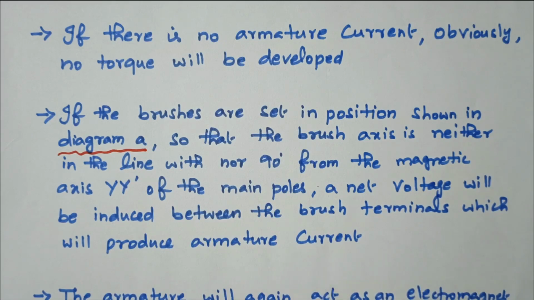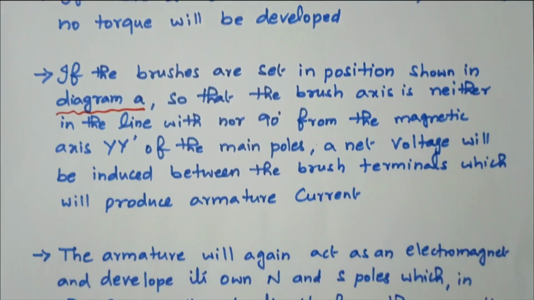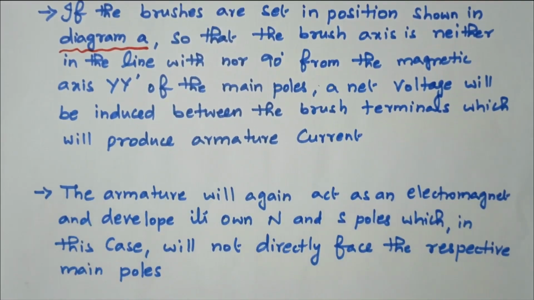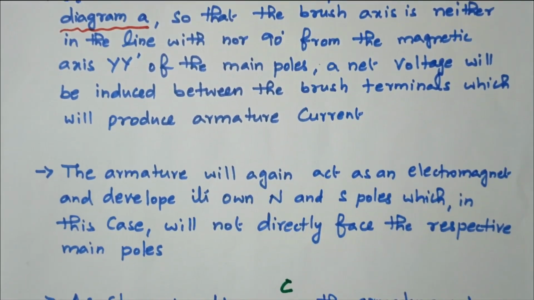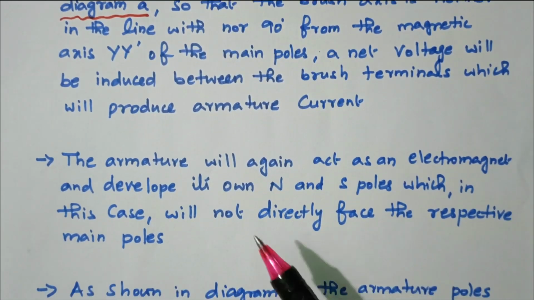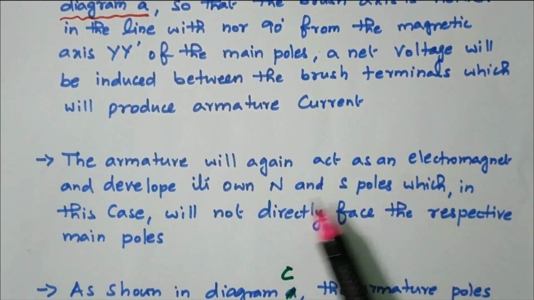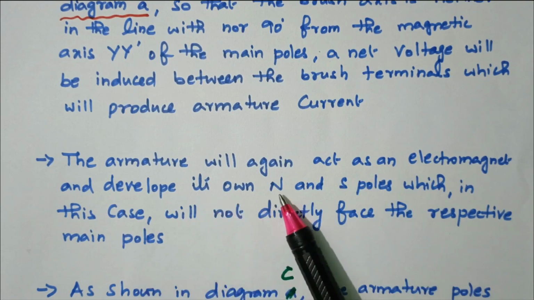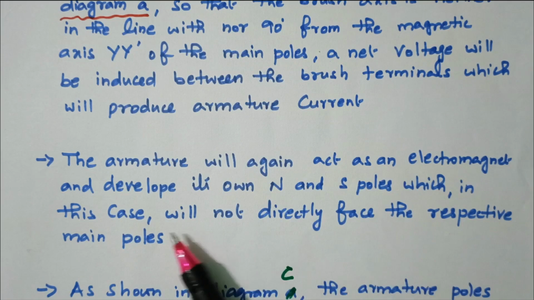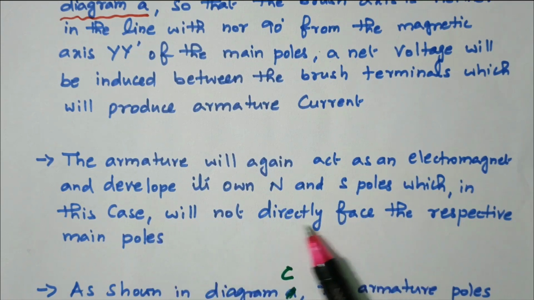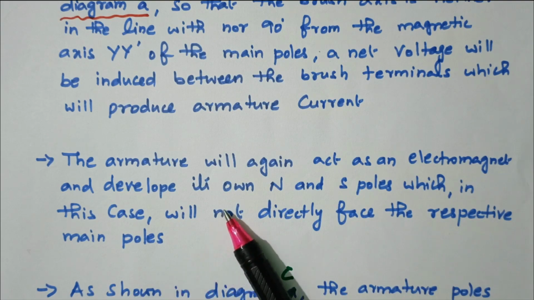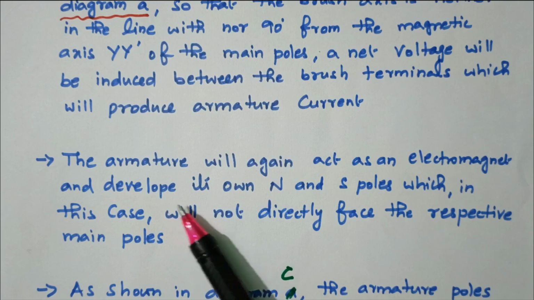So in this position the EMF will be induced and the armature current flows. In diagram B it is the same, but it is neutralized. The armature will again act as an electromagnet and develop its own N and S poles, which in that case will not directly face the respective main poles, right?